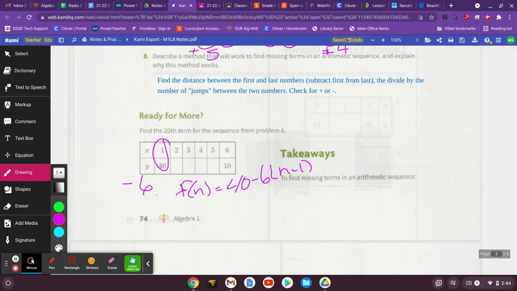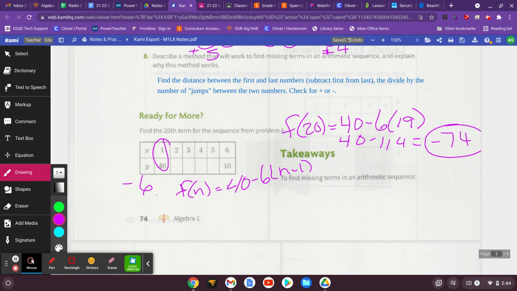So if I throw in a 20, f of 20 equals 40 minus 6 times 20 minus 1. 20 minus 1 is 19, and 6 times 19, I've got to type this one out. Oh, times. 6 times 19, typed in the wrong number. 114. So 40 minus 114 equals negative 74. So that's our final answer on here.